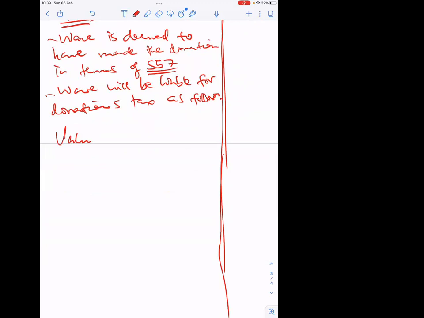Value of donation now. We agreed that in terms of section 62, it is going to be the market value. Right. WAVE is a natural person. Being a natural person, what we consider next is going to be the section 56 exemption.